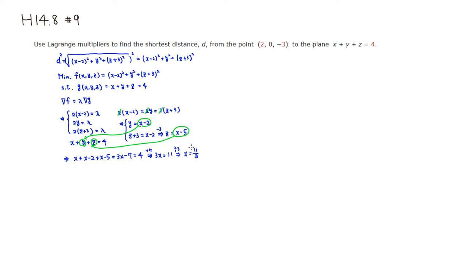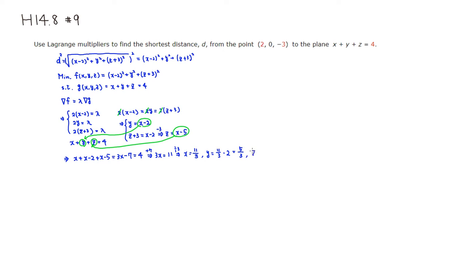Once we have x, we can find y too. So y is equal to 11 over 3 minus 2. 2 is 6 over 3, so 11 minus 6 is 5, so y is 5 over 3.